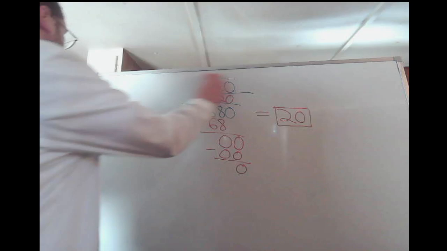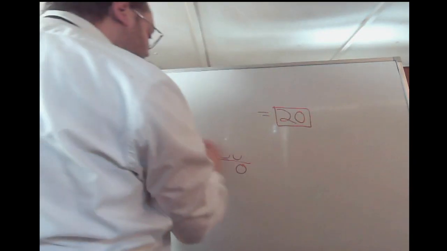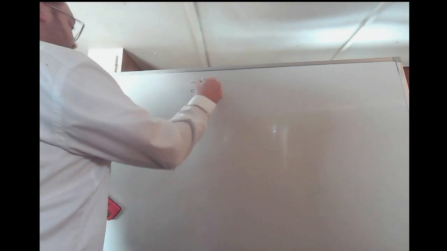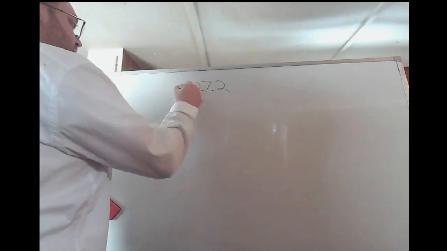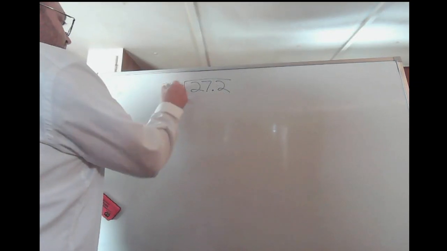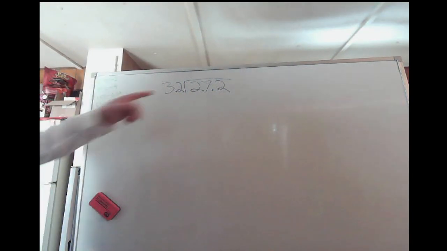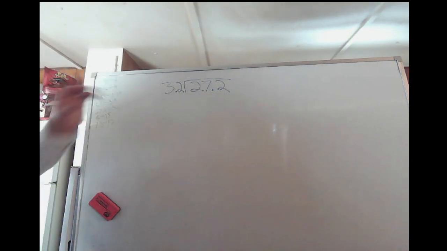But I do have a few more. I got 3 more. Let's say I give you 27.2 divided by 3.2. Well, immediately we see we have a decimal in the divisor, which we don't want.